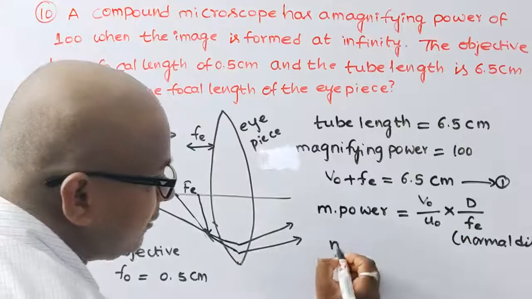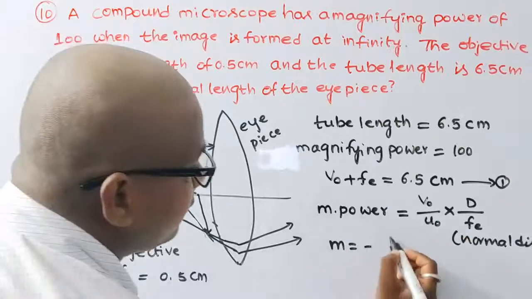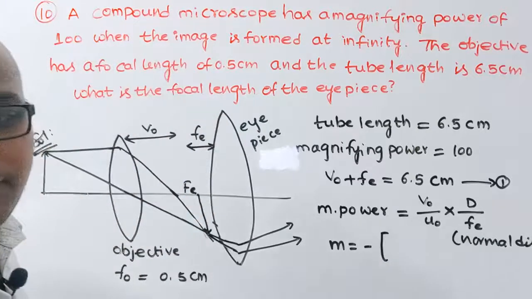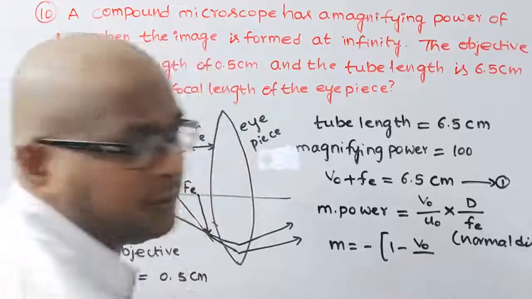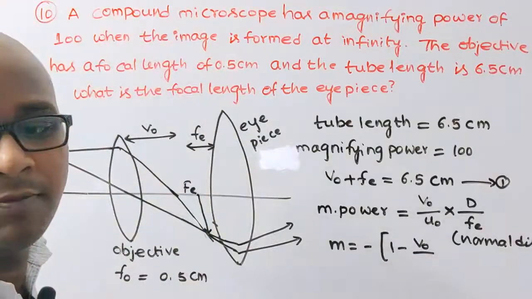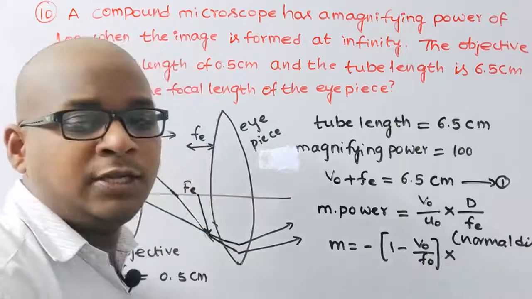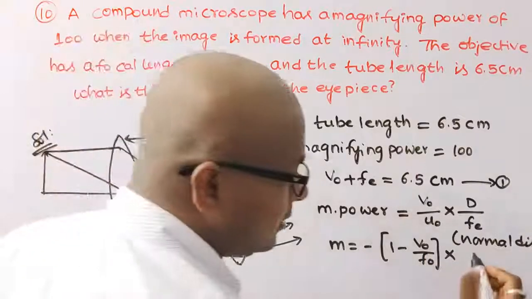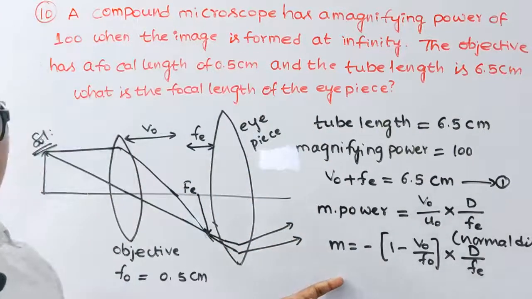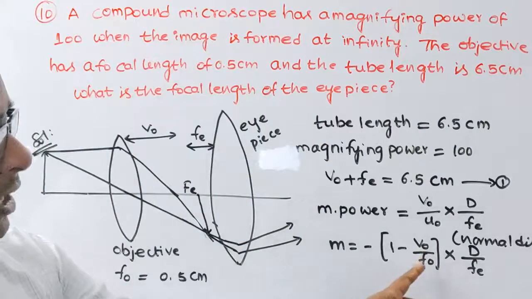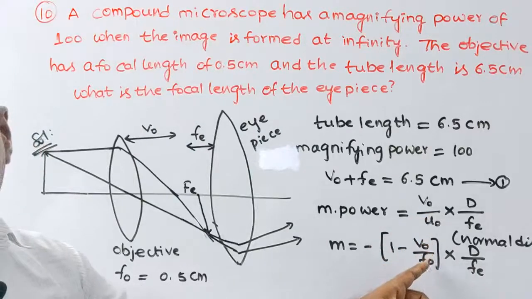Then the magnifying power M is equal to minus of 1 minus V naught by F naught, into D by FE. Here V naught by U naught is equal to 1 minus V naught by F naught.